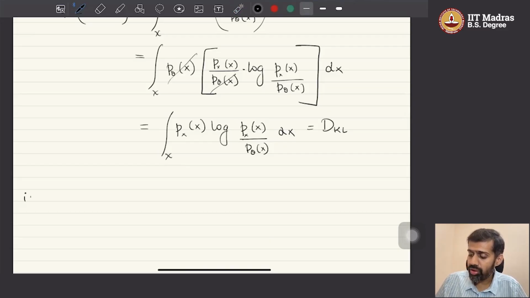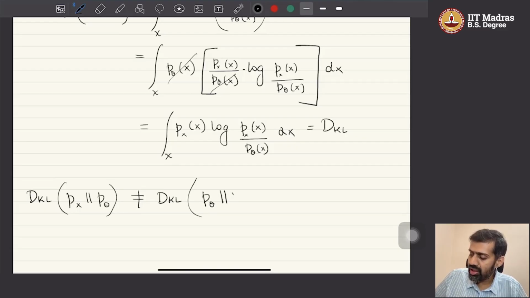Now, for those of you who know, KL divergence is not symmetric. What do you mean by that? If you consider the KL divergence between distributions p_x and p_theta, this is not the same as the KL divergence between the distribution p_theta and p_x. There are consequences of KL divergence not being symmetric.